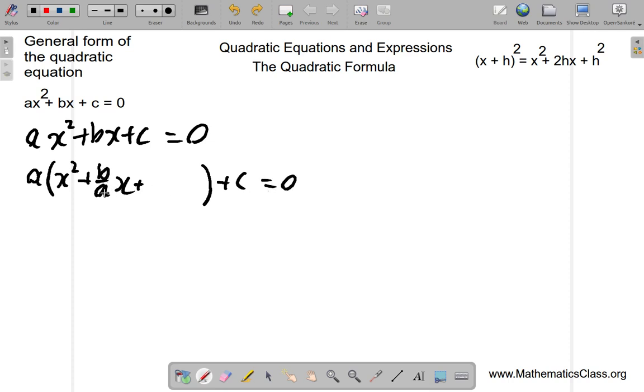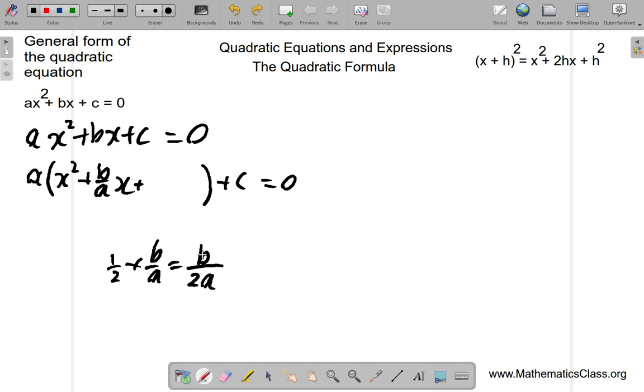Now we're going to add half the coefficient of x and square that. The coefficient of x is the number that multiplies x, and the coefficient of x is b over a. What is half of b over a? Half multiplied by b over a. Remember your fractions now. 1 times b up top gives you b, 2 times a down the bottom gives you 2a.